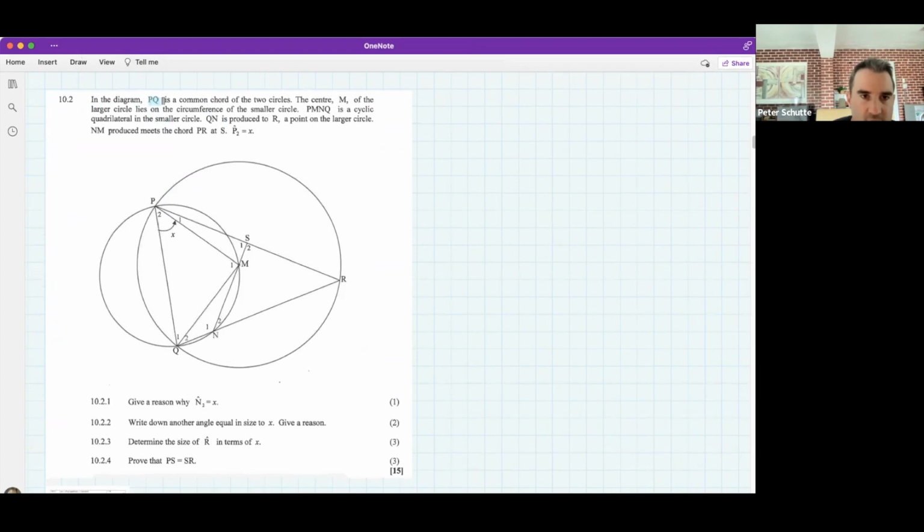So it says PQ is a common chord of the 2 circles. So where is PQ? PQ is hanging out over here. The center M of the larger circle lies on the circumference of the smaller circle. So if I'm looking for M, here is M over here.